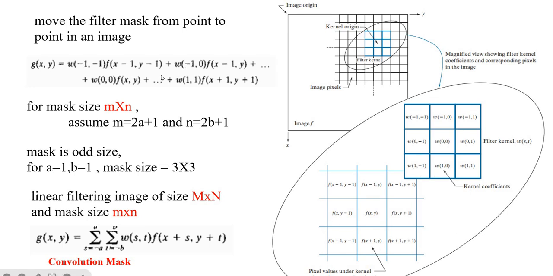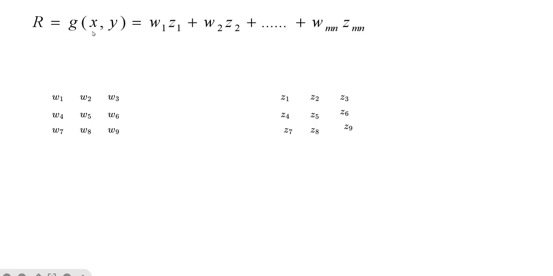Here we can write equation 1 as r is equal to g of x comma y, that is equal to w1 z1 plus w2 z2 and so on up to w mn z mn, where small w is a mask coefficient, z is the value of the image gray level, and m cross n is the total number of coefficients present in the mask.